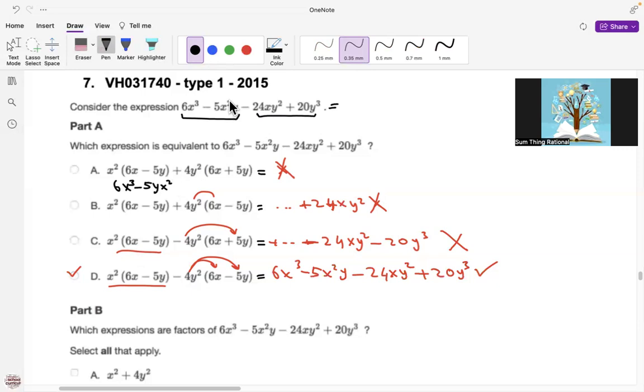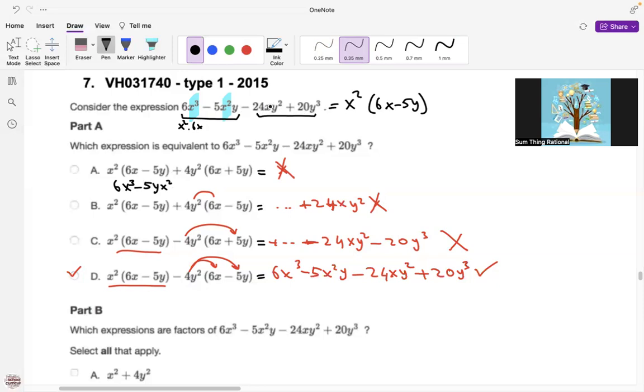Here are the x squared terms, let me highlight that. You can write 6x cubed as x squared times 6x, so x squared you can take outside with 6x minus 5y, as you see in the first expression. In the second expression, y squared is common. You can take 4y squared outside, or negative 4y squared, since it is negative 4y squared.